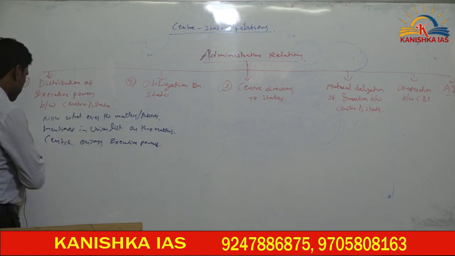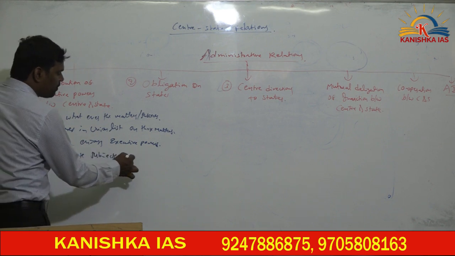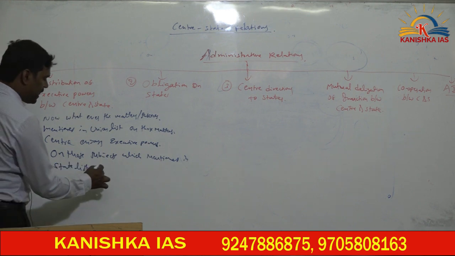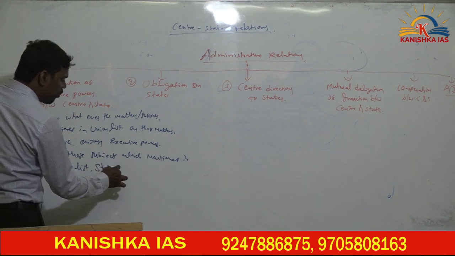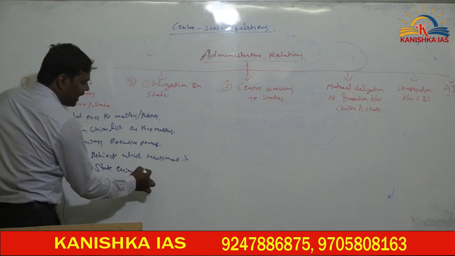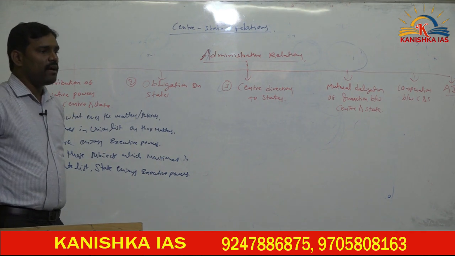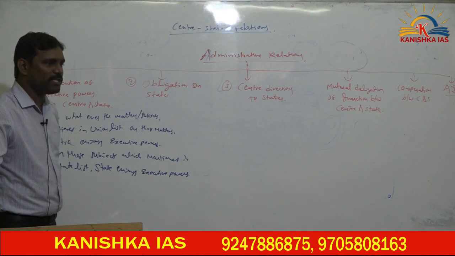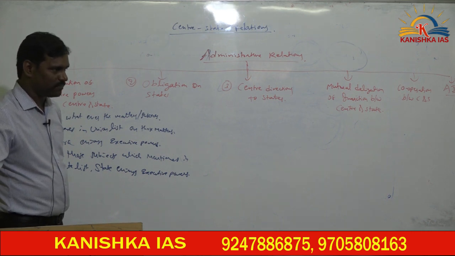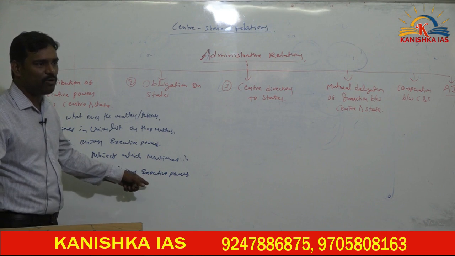So the center enjoys executive powers on those subjects mentioned in the union list. Similarly, on those matters or subjects mentioned in the state list, the state executive enjoys executive power. Now you all know 61 subjects are there under the state list. On those subjects, who enjoys the executive powers? The state. Now the state executive plays the role.